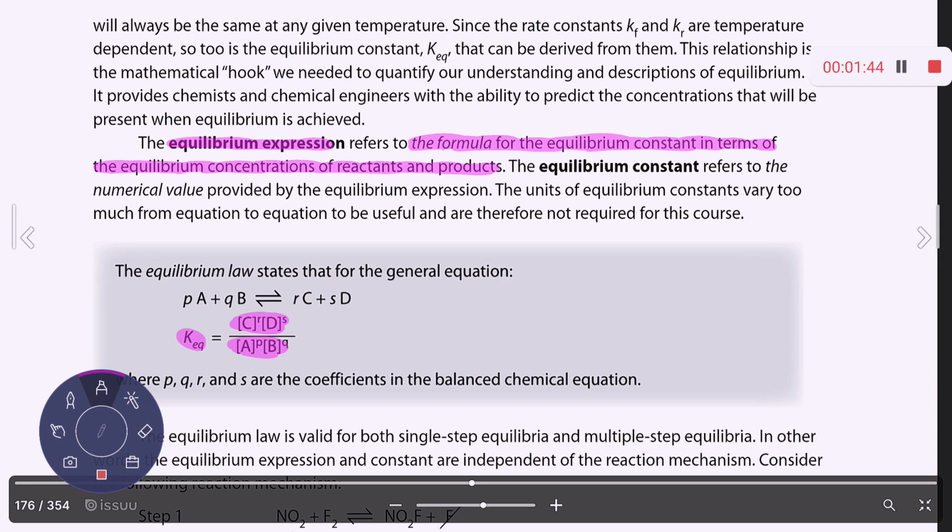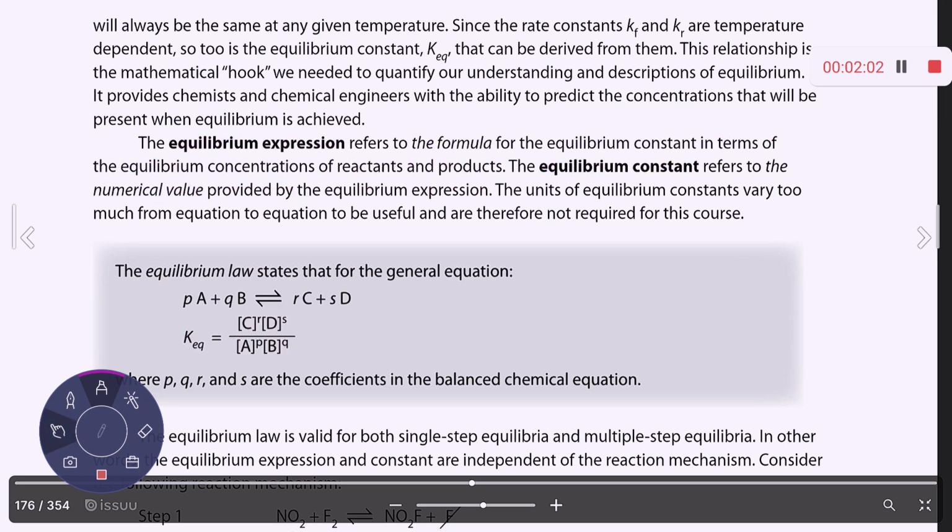And the equilibrium constant is a number that you obtain by performing the calculation. Now, the units for the equilibrium constant vary. It's something that we're not going to discuss in this class, okay?